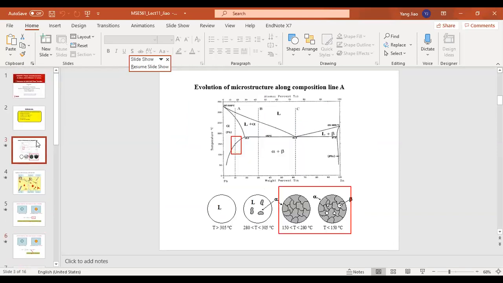Okay, so now if you look at the phase diagram, after we talk about eutectic, we're done with the solidification of alloy, right? Because we're looking at very simple phase diagrams like this one, which is a typical eutectic phase diagram.